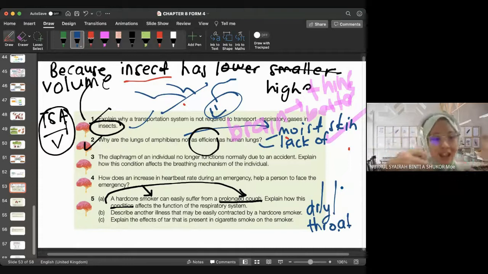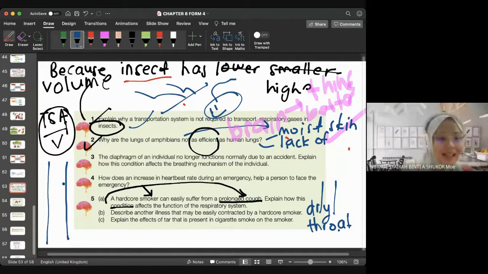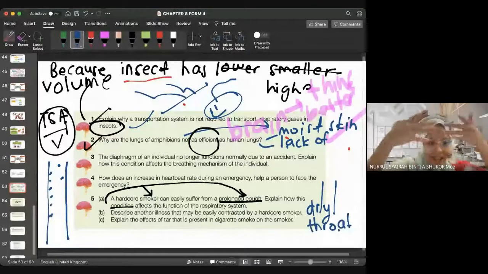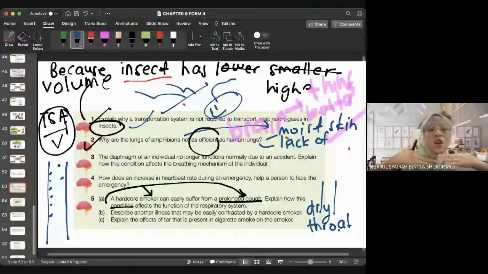So, you nak try keluarkan dia. Dekat you punya trachea ni, kita ada cilia. Alright, cilia ni dia macam tangan-tangan macam ni. You bayangkan dekat sini. So, cilia ni, kalau you tertelan benda-benda, alright, dia akan tolong keluarkan. Alright, tolong keluarkan benda ni outside.